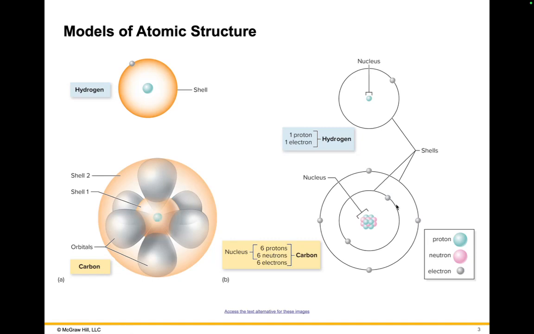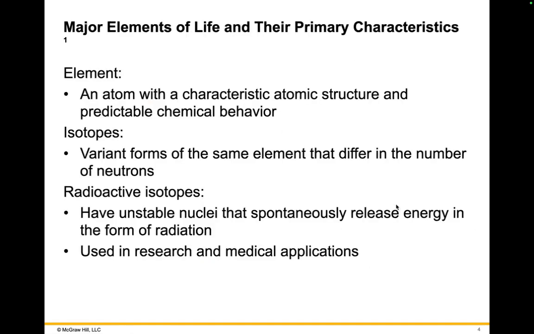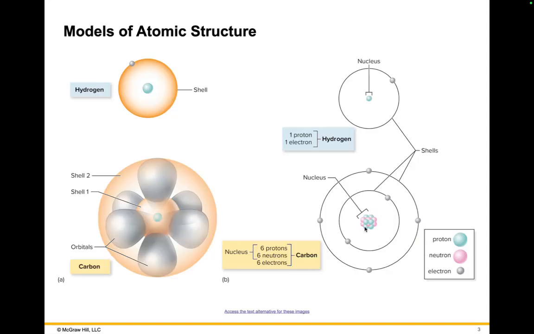So what is an element? It's an atom with a characteristic atomic structure, and it has predictable chemical behavior. Now, there are things called isotopes. Iso means same. So they're the same element, but they have a different number of neutrons, so they behave a little bit different. They're a different form. So, for example, this carbon is C12.